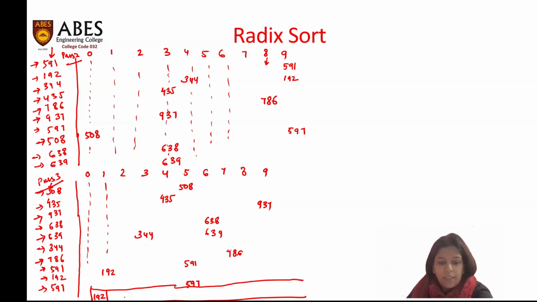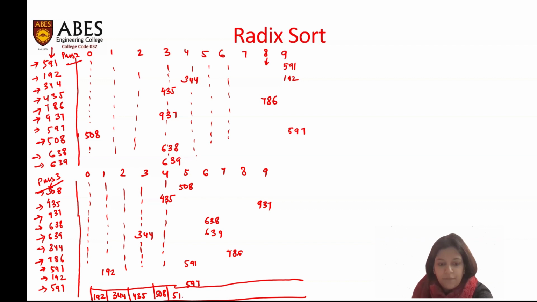The first number is 192. Then we have 344. As we go column-wise, there is no number in this column. Then we go to 3, so we have 344. Then we go to the 4th column. We have 435. Right? Then we have 508.